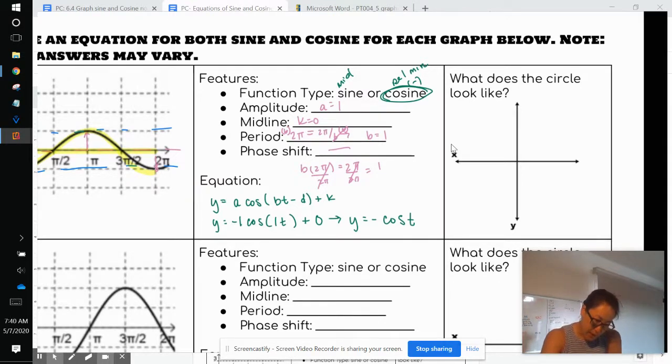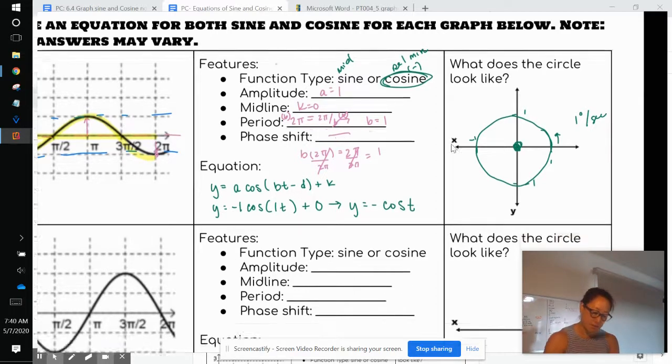What this would look like is a circle that has a center point at 0, so midline at 0, and then an amplitude of 1, so that means a radius of 1, and it spins at 1 degree per second. That's it. Okay. All right.